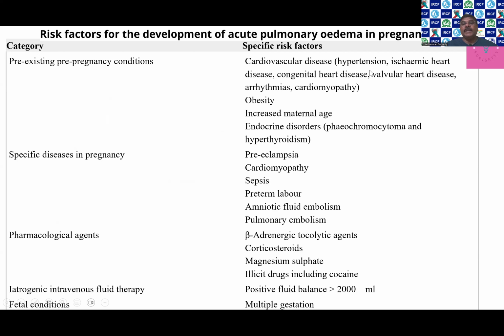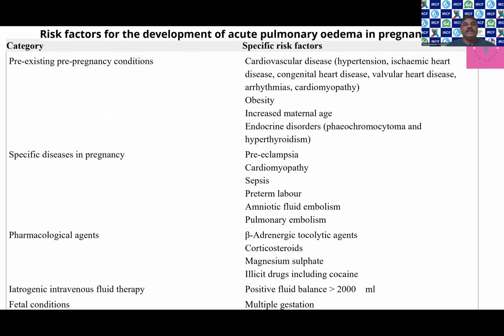Cardiovascular disease like hypertension, ischemic heart disease, congenital heart disease, valvular heart disease, arrhythmias, and cardiomyopathy puts the patient at risk of pulmonary edema. Obesity, increased maternal age, and some endocrine disorders that increase the blood pressure, especially pheochromocytoma and hyperthyroidism, can make the patient land in pulmonary edema very easily.